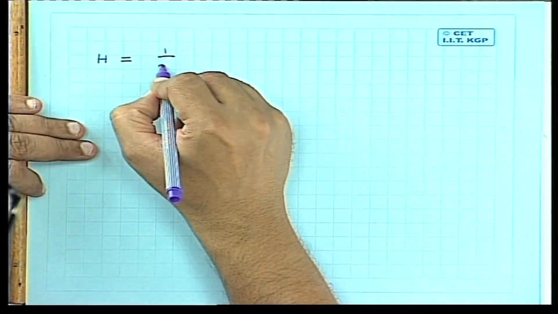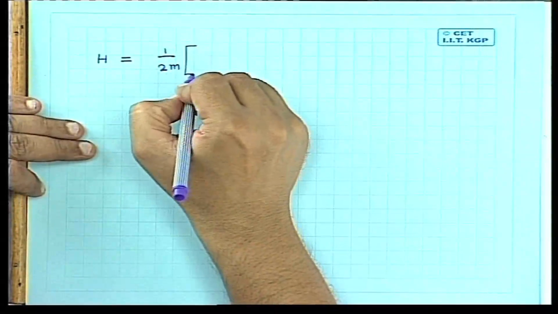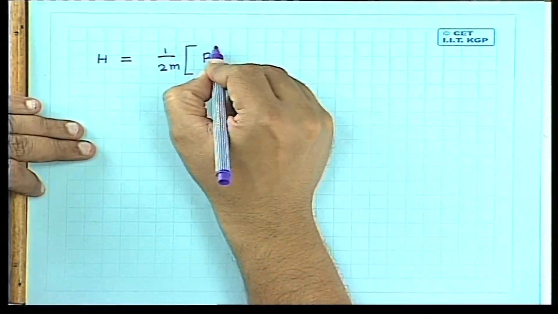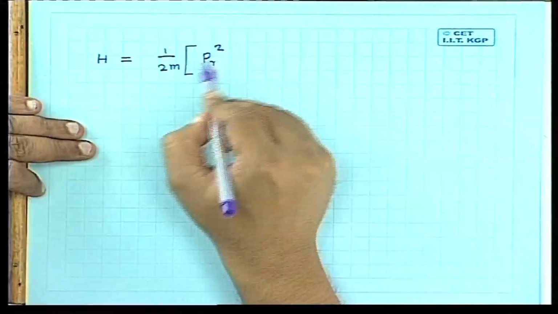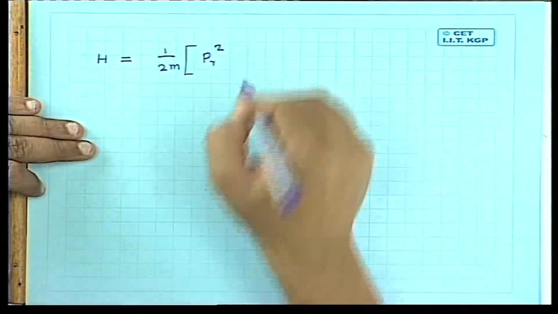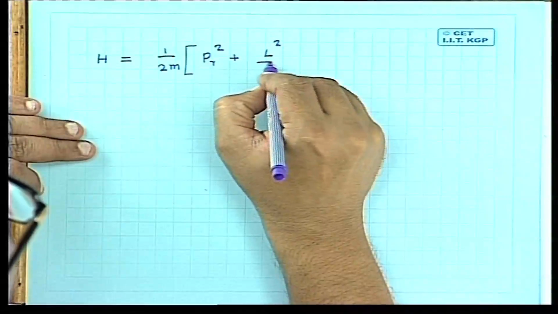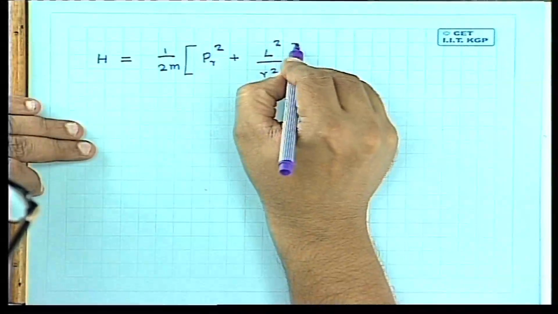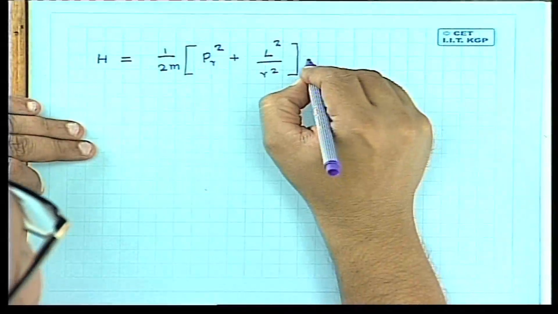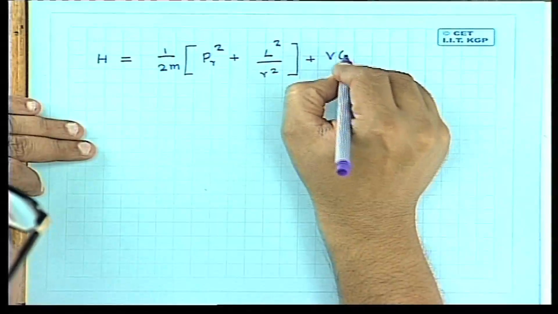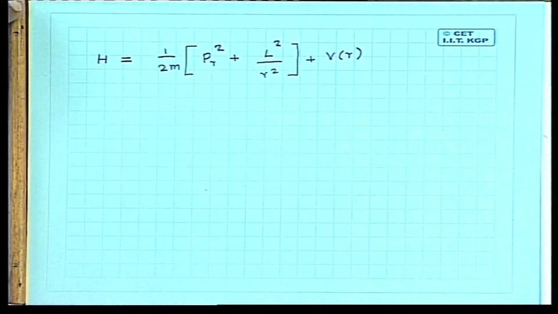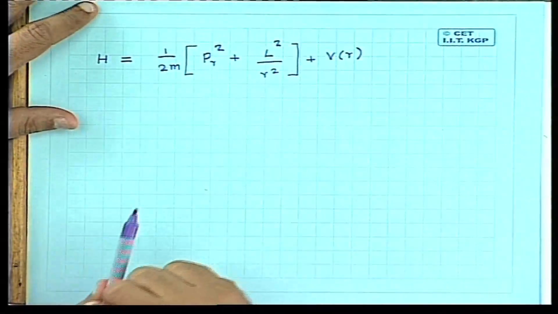It is 1 by 2m, and then we have the radial momentum squared, which is just some derivative in r in the operator, and then we have L squared by r squared, and then we have V(r). For any spherically symmetric potential, this is the Hamiltonian.